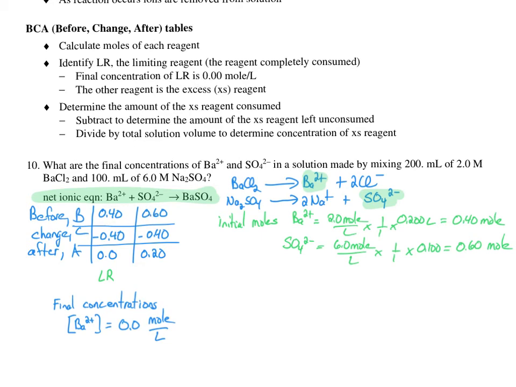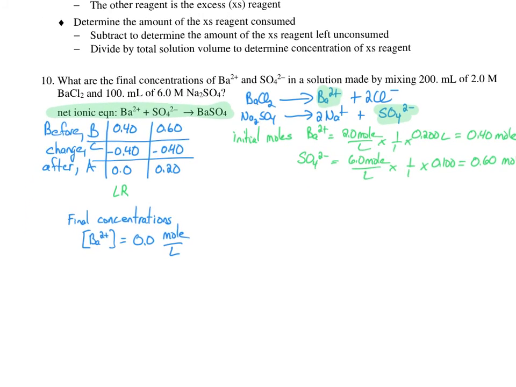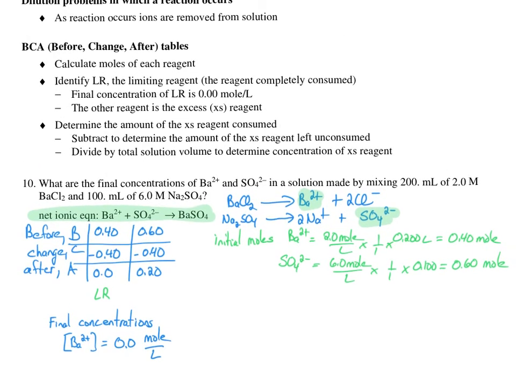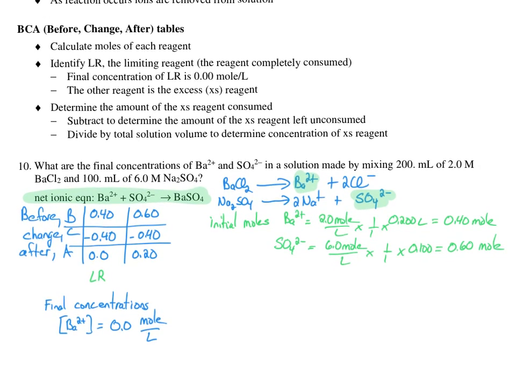And we recognize that the final concentration of our limiting reagent, barium, is going to be 0.0 moles per liter. And we've determined the amount of the excess reagent that remains unconsumed by subtraction.